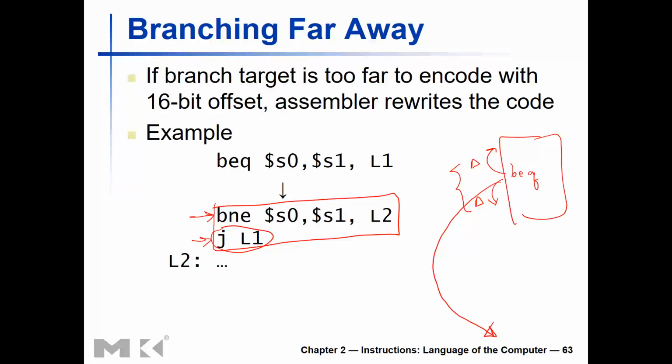Suppose I need a far jump that says compare these two, and if they are equal, go to this far address. So I say compare these two, and if they are not equal, go to L2. Otherwise, go to this jump far to L1. Again, why can't I do this immediately? Because if L1 is a far address that does not fit in this delta, I cannot implement it with one MIPS instruction. But MIPS provides me two instructions to do it.